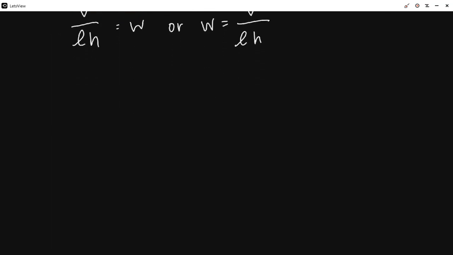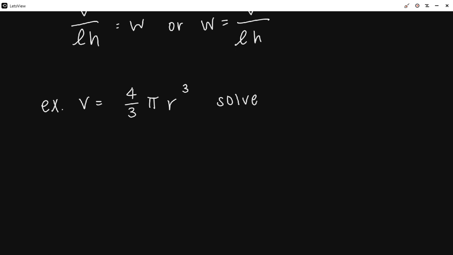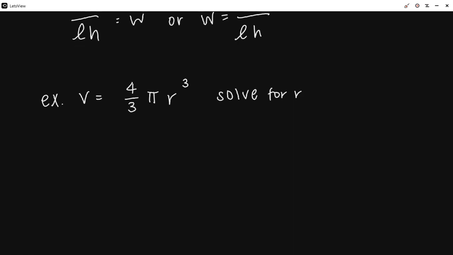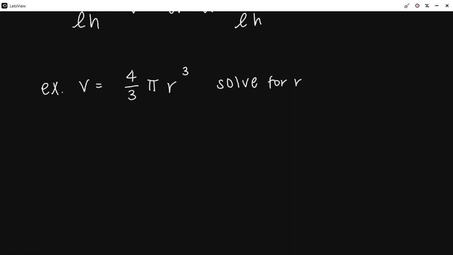Okay, let's do another example. So if we have volume equals 4/3 pi r cubed, and it says solve for r. This is the volume of a sphere, and our variable is right here. So first we have to get rid of the numbers in front of it.